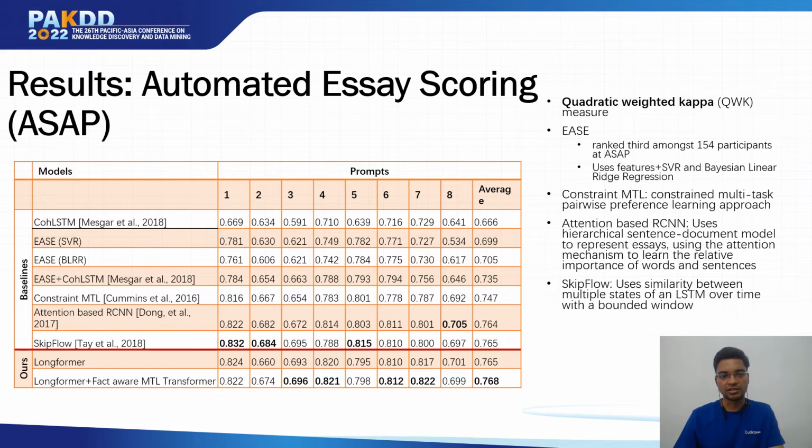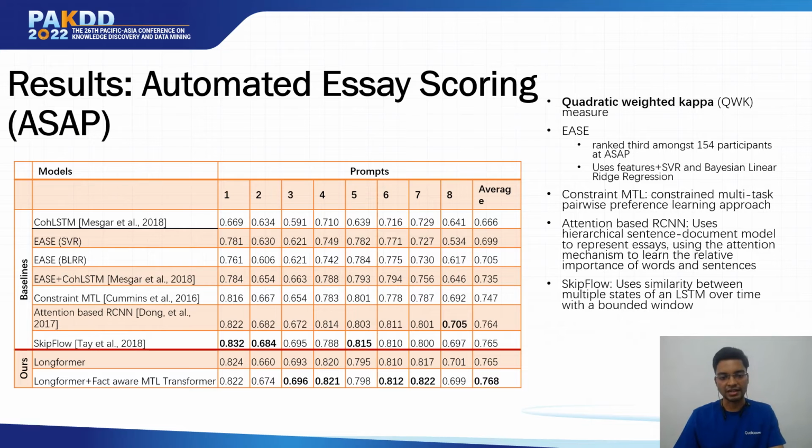Moving on to automated essay scoring results. This table shows results on automated essay score prediction, where we report the quadratic weighted kappa score. For this task, we compare the vanilla Longformer architecture with a Longformer enhanced with a coherence vector from the fact-aware multitask learning approach. We concatenated the CLS token representation of Longformer with the coherence vector obtained from the model fine-tuned on the WSJ sentence ordering task.